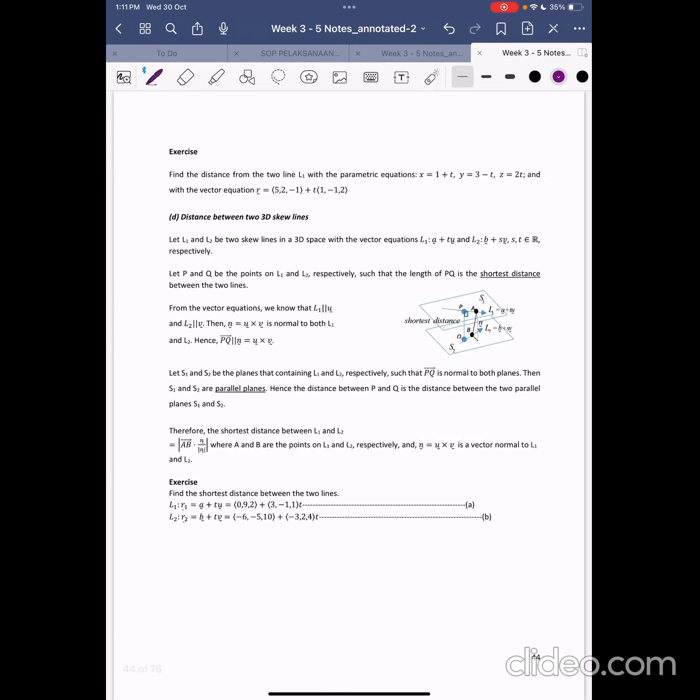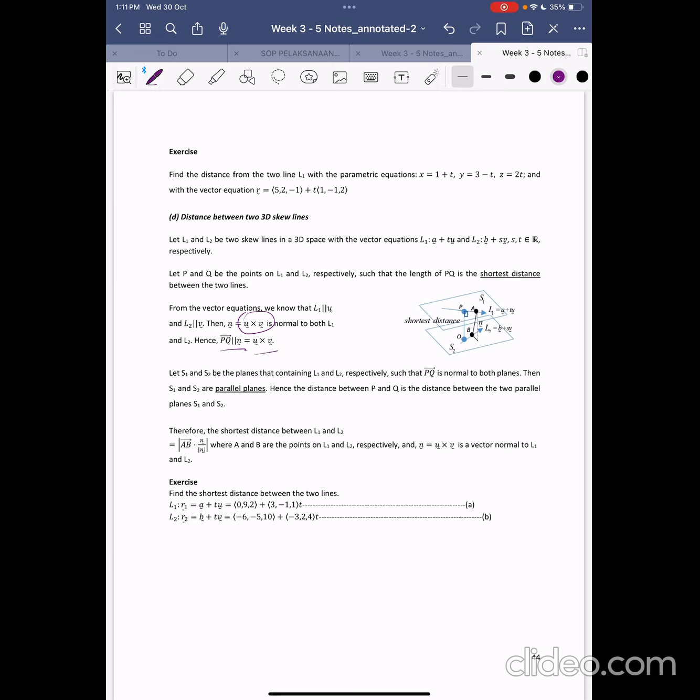And the distance between two 3D skew lines. Skew lines mean that they lie in two parallel planes, but the lines themselves are not parallel to each other. Let's say L1 is parallel with vector V. Then the normal vector is calculated by U cross V, and the vector PQ is parallel with the normal vector.